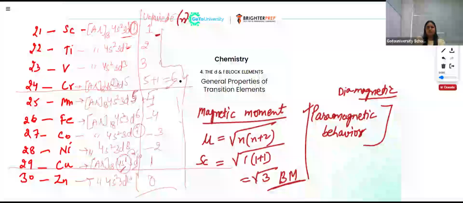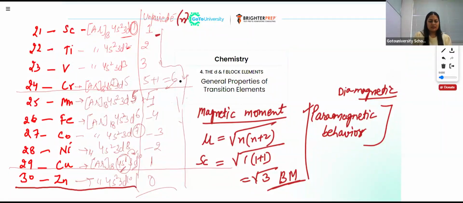Now, in the first series of transition elements with 3d configuration, you can see which element is showing diamagnetic behavior, that is zinc. How is it showing diamagnetic behavior? Because it does not have any unpaired electron, right? So zinc in the first series of transition elements shows diamagnetic behavior, right?